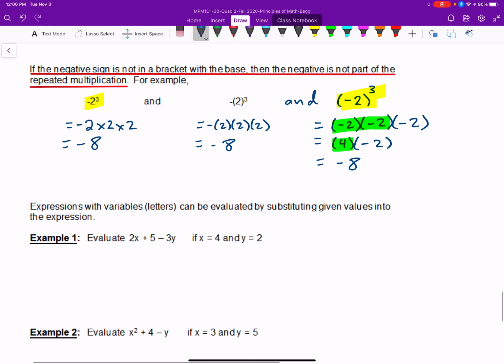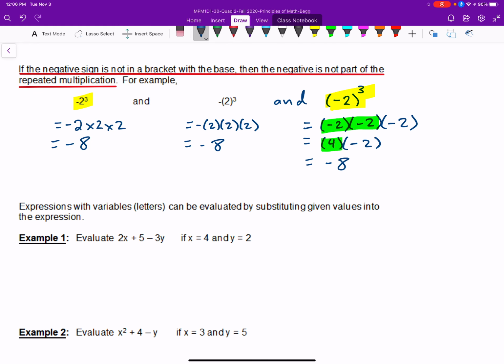And it'd be nice to show an example where we can see how it does make a difference. So let's just add another example here. What if I were to compare, say, negative 3 squared and negative 3 in brackets squared?